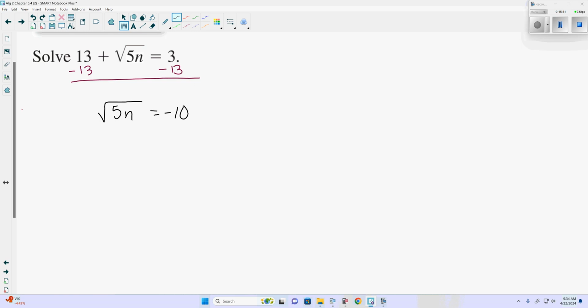But given the theme of what we've had so far today, we're still going to check it just to make sure. Put both sides to the nth power. Well, our nth power in this case is second power. Well, our square root of 5n squared, square root and square would cancel, telling us 5n is equal to 100.